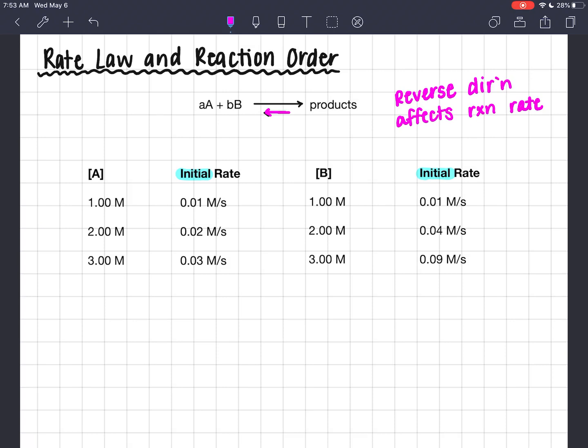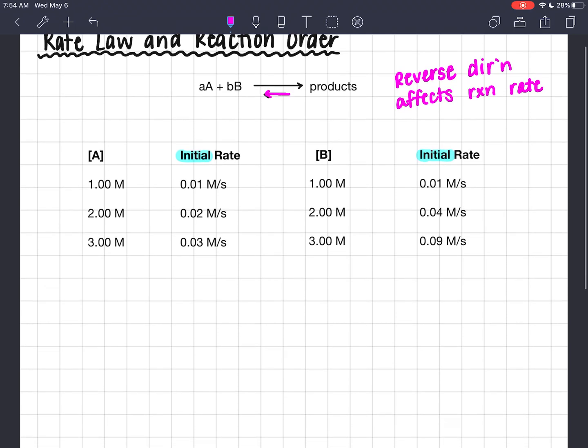So it's impossible to see if changing the concentration of A or B is affecting exclusively the rate of the forward reaction if we're taking the rate at any point during the experiment. However, when it's the initial rate, there's no products available.